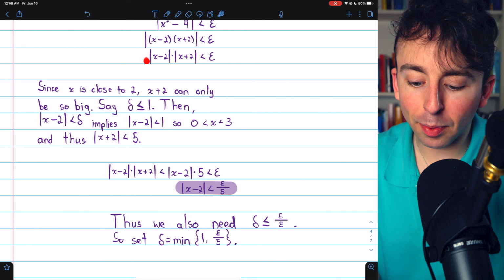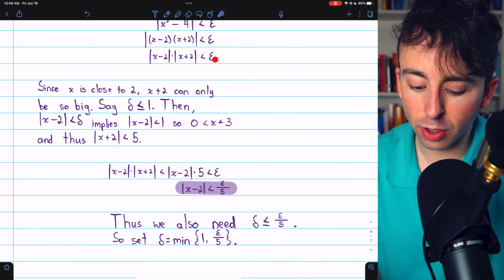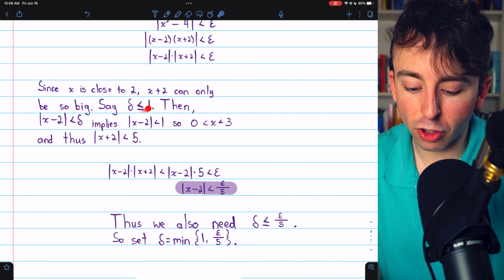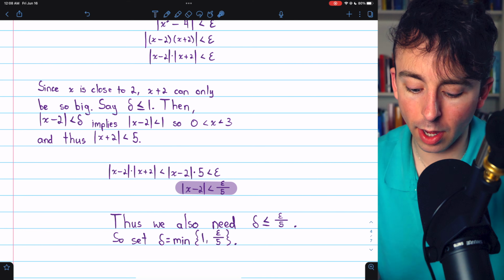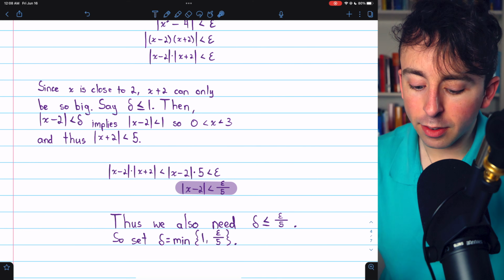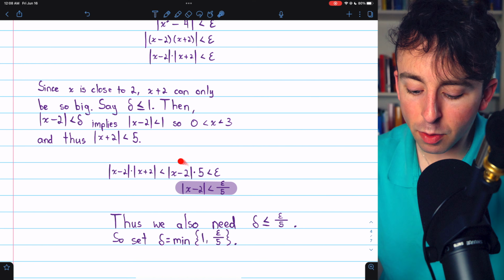We had that the absolute value of x minus 2 times the absolute value of x plus 2 was less than epsilon. But now we know, given what we've chosen for delta, that it has to be less than or equal to 1. We know that x plus 2 is less than 5. So the absolute value of x minus 2 times the absolute value of x plus 2 must be less than the absolute value of x minus 2 times 5.